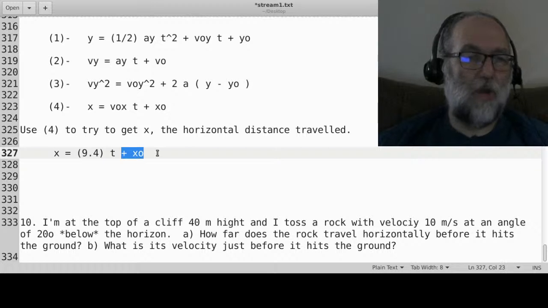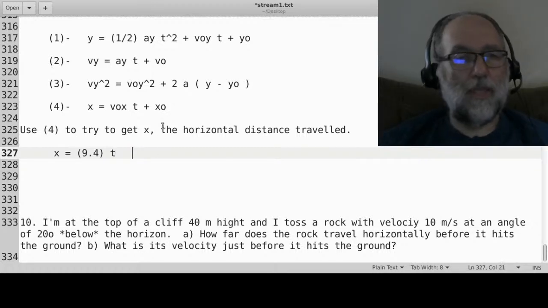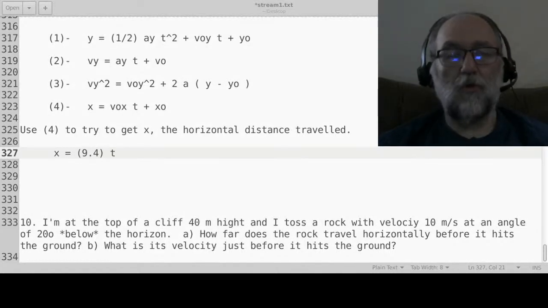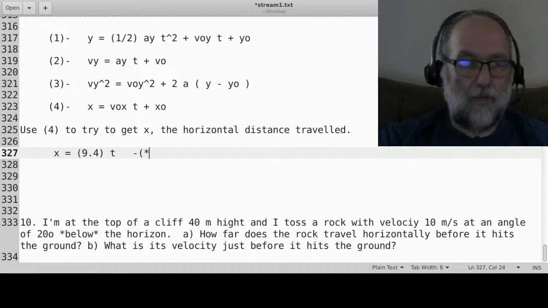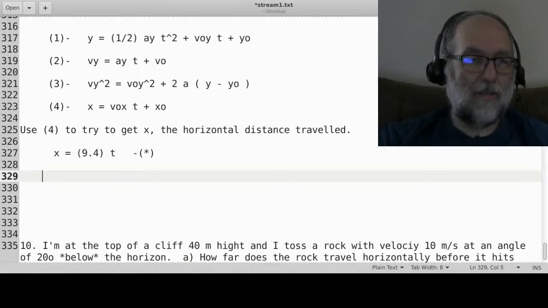So that just drops right out. And you look at this and go, well, what do I do with that? Because I don't know time. That's right, you don't know time. So you're just going to have to leave that for a bit, and you're going to have to now get time. Now you need t. You can get that.